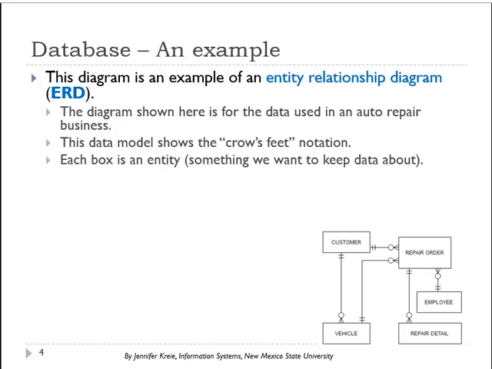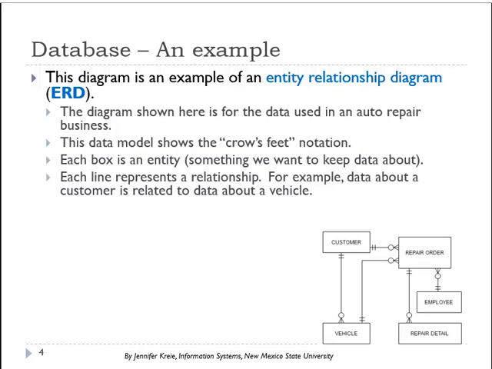Each box, each rectangle, is an entity. An entity is something we want to keep data about. Each line represents a relationship. So one entity is related to another entity. In this case, a customer is related to data about a vehicle.